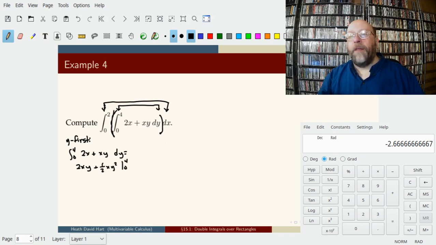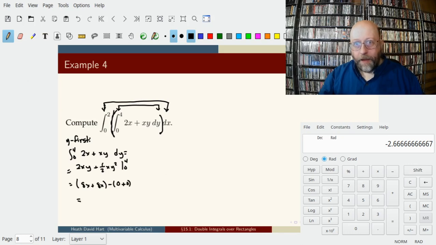Again, I'm plugging in 0 and 4 for y, not for x. So when I plug in 4, I get 2x times 4 is 8x. When I plug in 4 here, this is 1/2 x times 16. That's also 8x. When I plug in 0, I get 2x times 0 and 1/2 x times 0. And so my answer is just 16x.